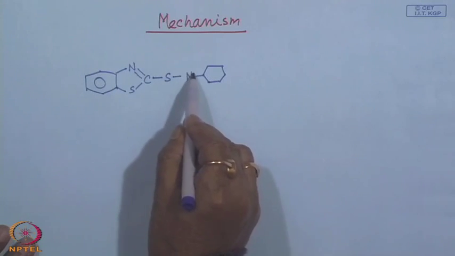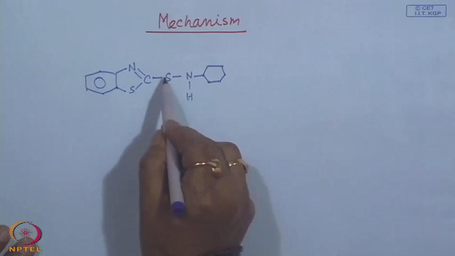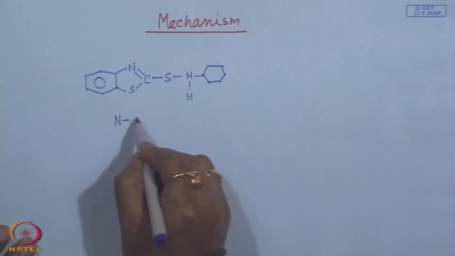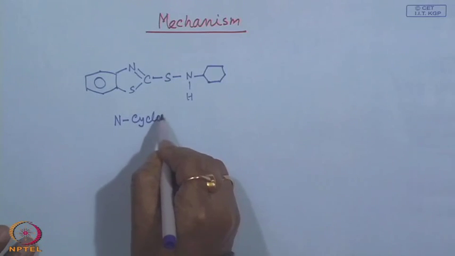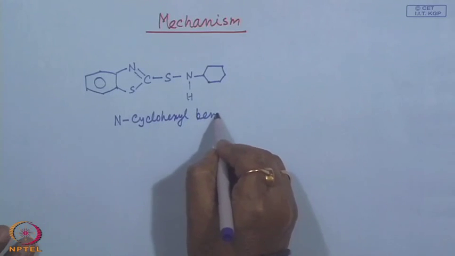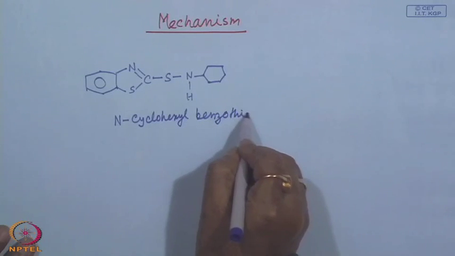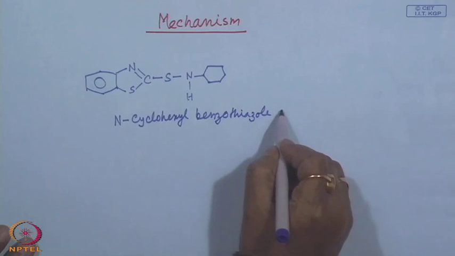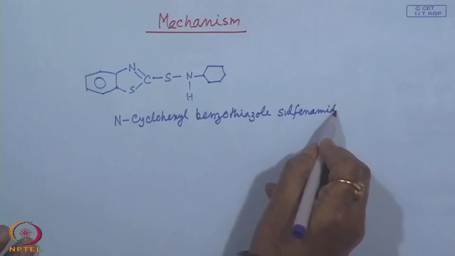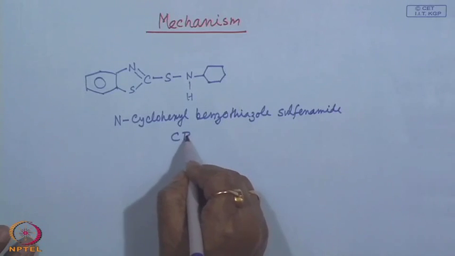This is the SN linkage, the sulfonamide linkage. This is known as N-cyclohexyl benzothiazole sulfonamide. In brief, it is known as CBS.